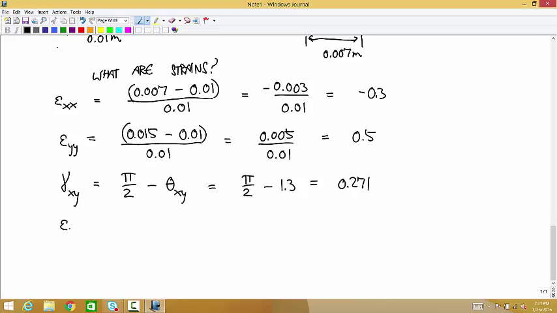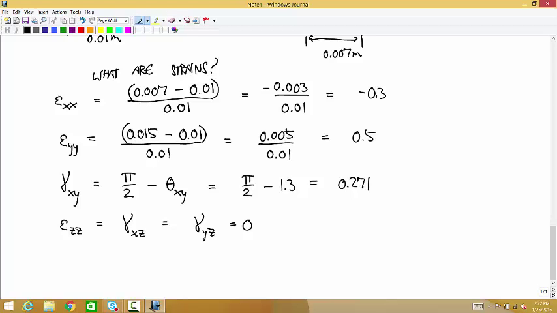All the other values, EZZ, gamma XZ, and gamma YZ, are all equal to 0. Does gamma have units? Radians, but that's kind of no units.